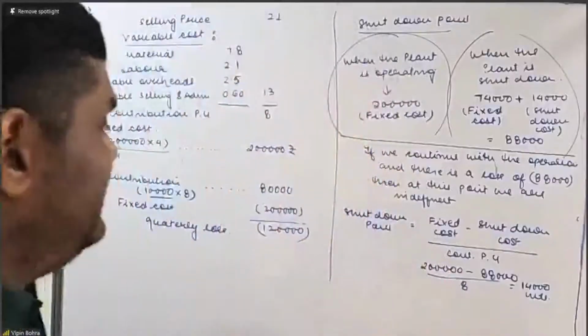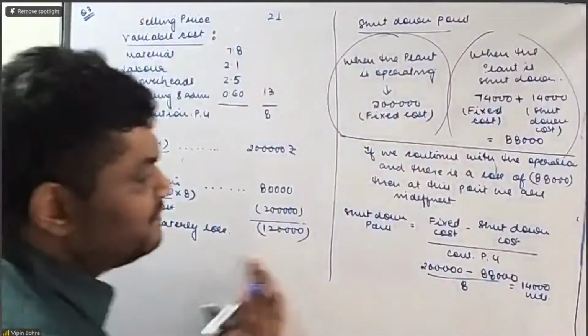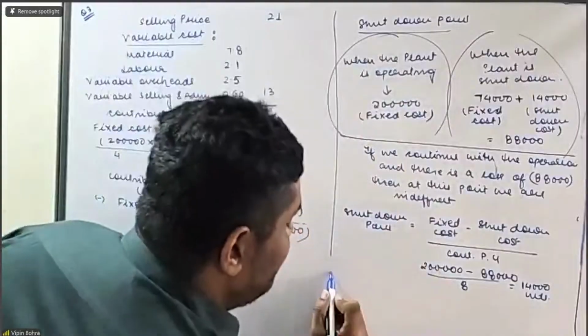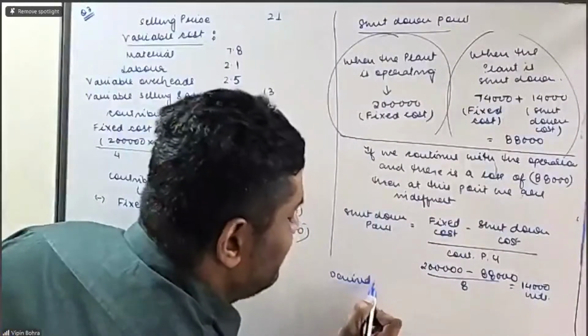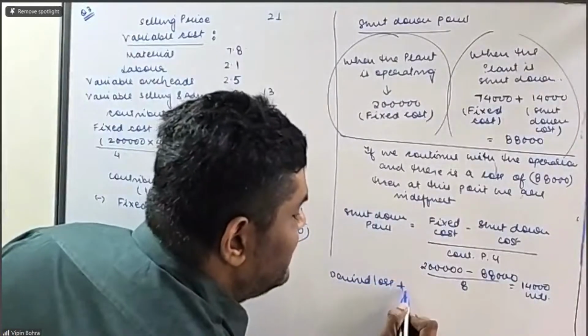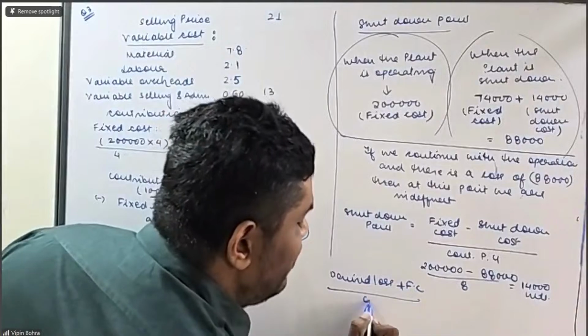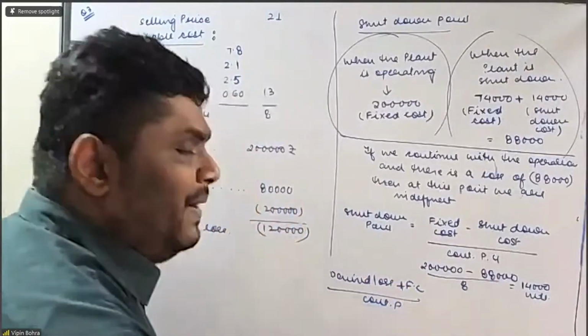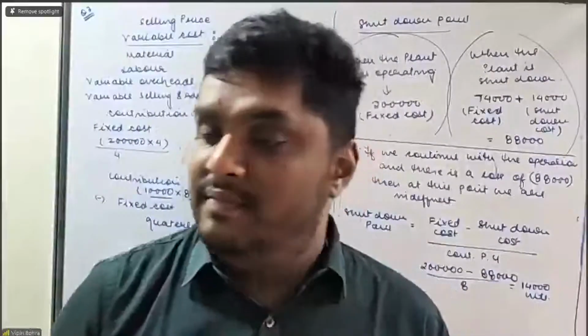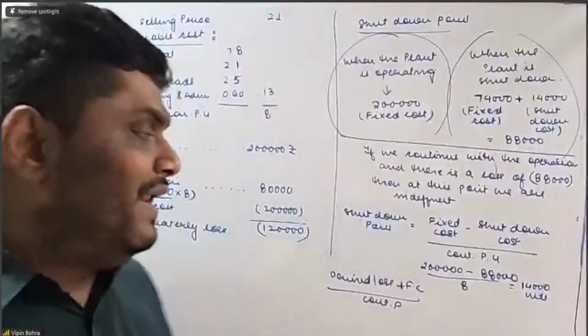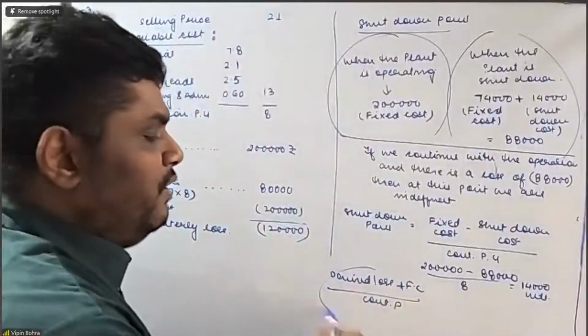In short, my desired loss plus fixed cost divided by contribution per unit. I'm applying the same formula, but you can't write like this. This is just for your understanding.